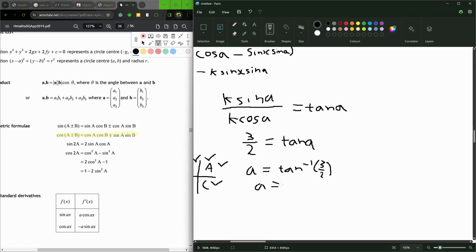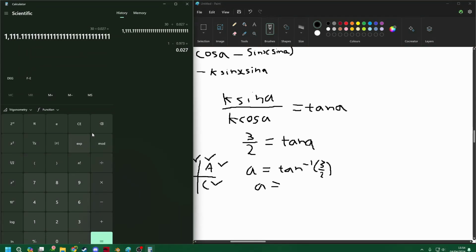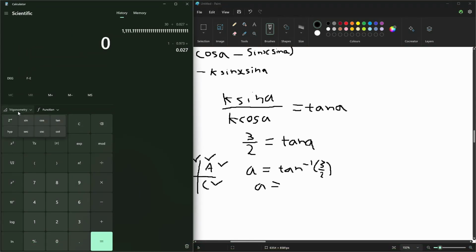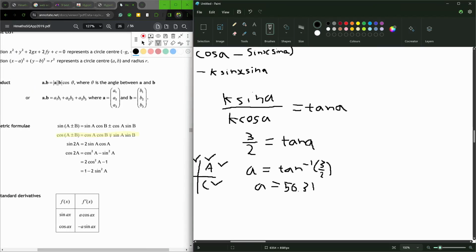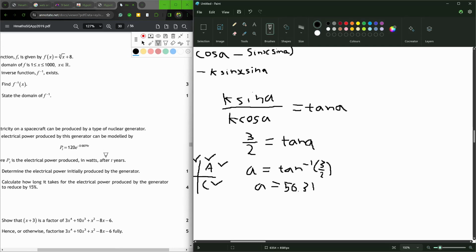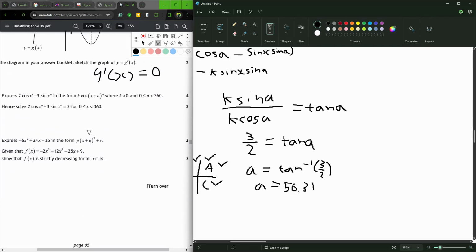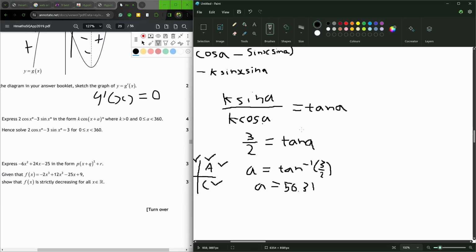We're going to have to pull out our calculator for this. So 3 divided by 2, and then inverse tan: 56.31, and so on and so forth. So all we need to do here is scroll back down to what we're working on and express it in this form.